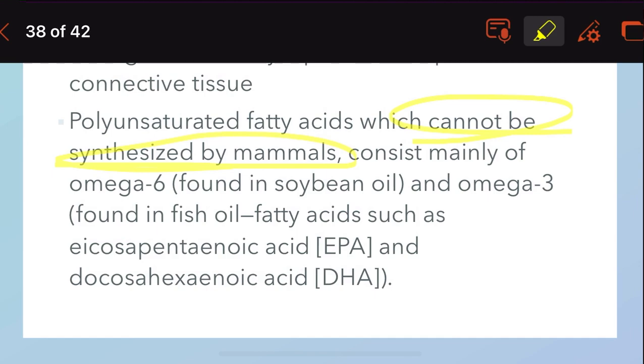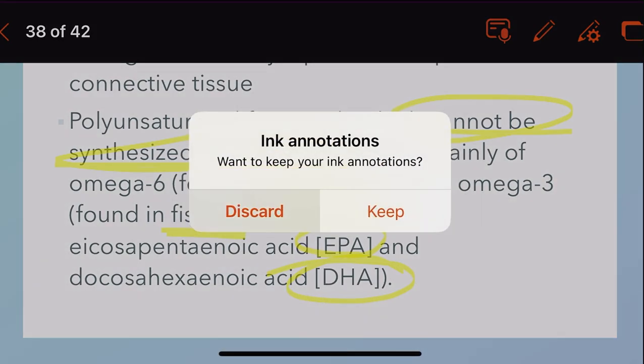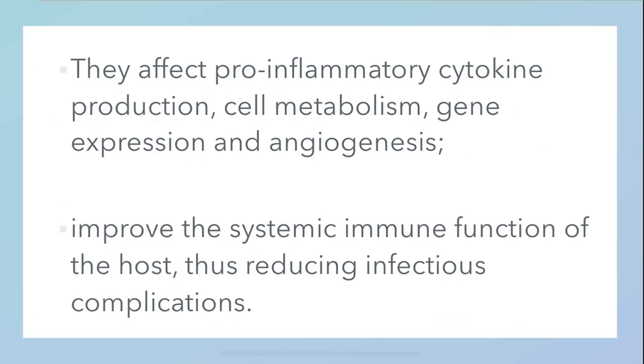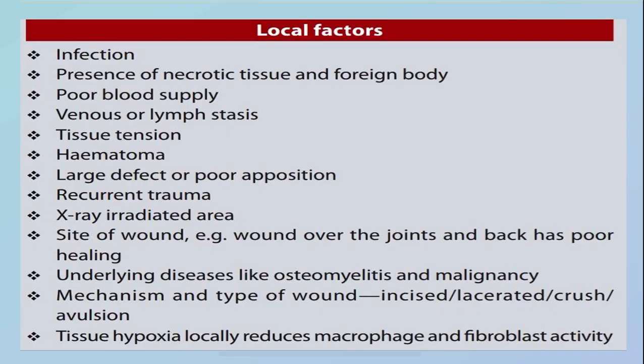They are found in soybean oil and fish oil, and they contain the fatty acids named EPA and DHA. They are required for the wound healing. They affect the pro-inflammatory cytokine production, cell metabolism, gene expression, and angiogenesis. They improve the systemic immune function of the host, thus they are reducing the infectious complications.